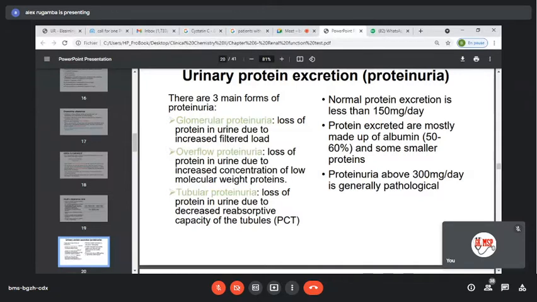For example, if it is 300 milligram per day, then it will indicate a pathology.